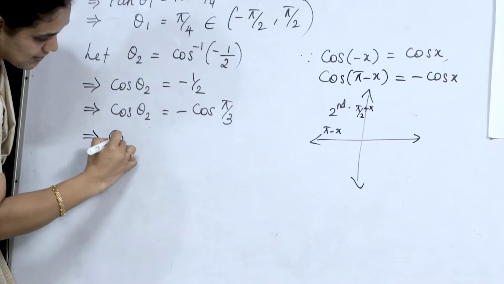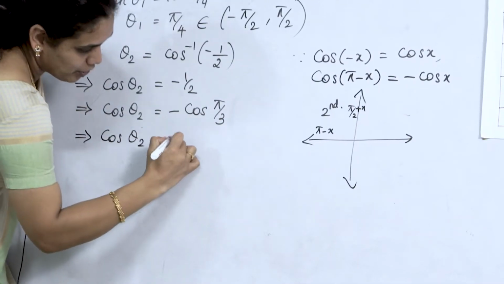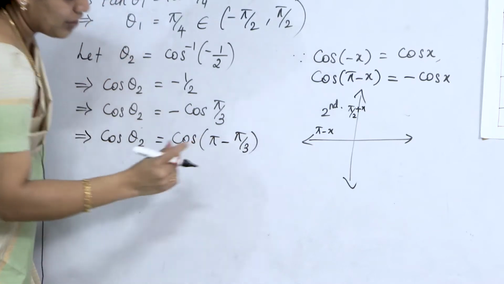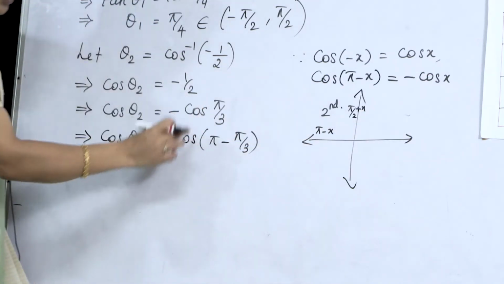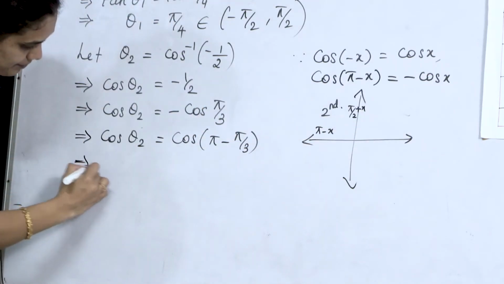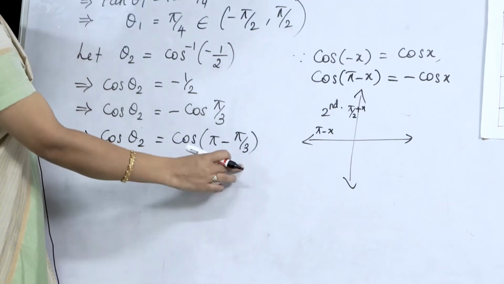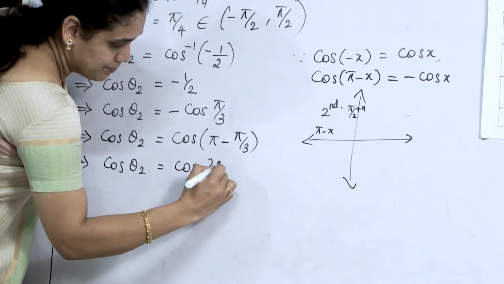So, cos theta 2 will be minus cos pi by 3. I am going to write this as cos of pi minus pi by 3, because cos of pi minus x is equal to minus cos x. So, cos theta 2 will be equal to cos of pi minus pi by 3. If you take the LCM, 3 pi minus pi, that is 2 pi by 3.